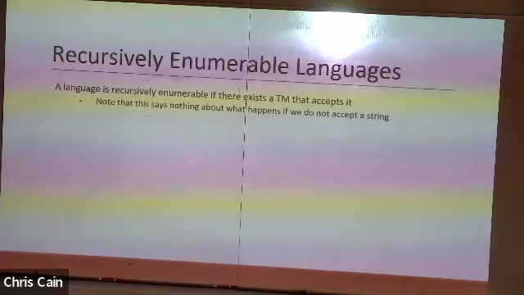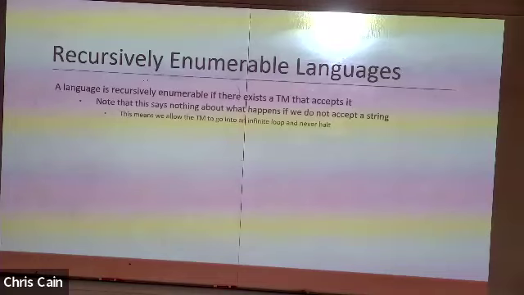It is undefined what happens to a string that is not in the language. The Turing machine will not accept that string, but it may enter an infinite loop. And there may be no such way to avoid going into an infinite loop on some strings that are not in the language. So if a string is not in the language, we will just say going into an infinite loop is fine.